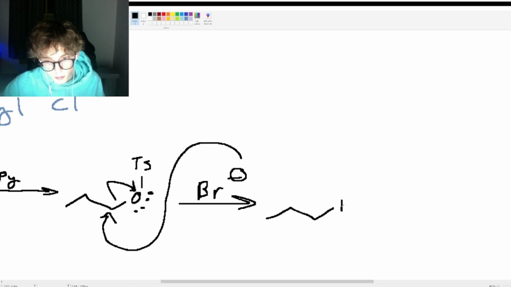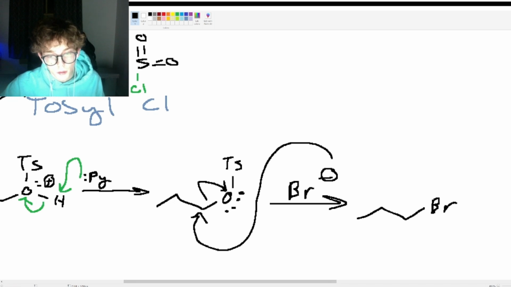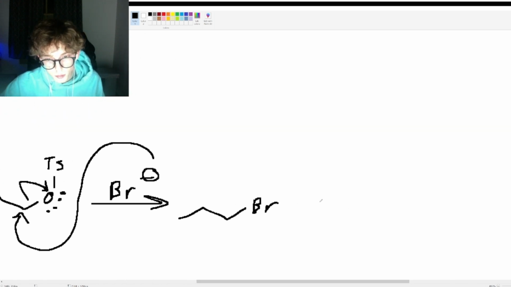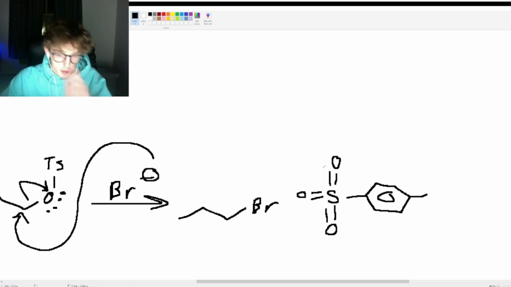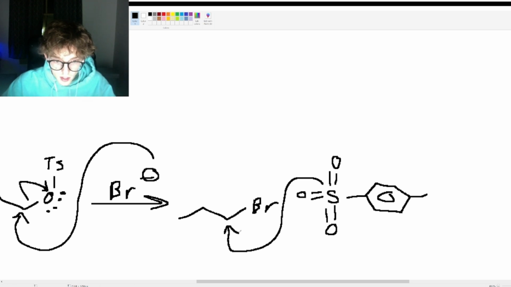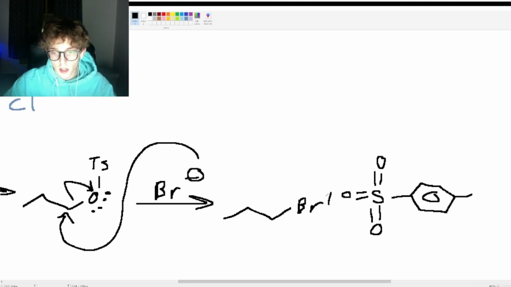So you would have bromine, and our tosyl group now, so if I draw our tosyl group as well, we'd have our sulfur here, aromatic ring, this. We now have this molecule here, which is extremely stable. This will never come back and attack like that. It will never reverse the reaction. So you get pretty good yields when you use a tosylate. So if you have problems in the lab, try this reaction. It should help out quite a bit.